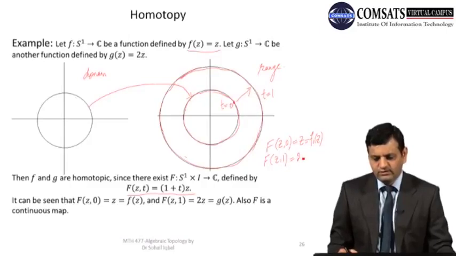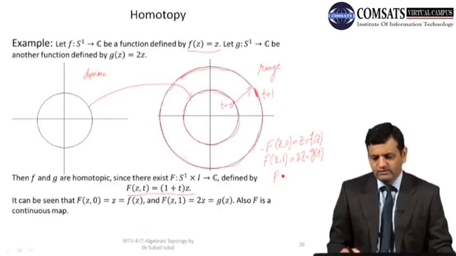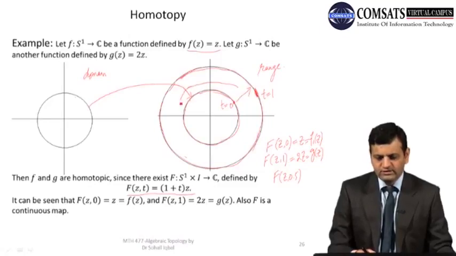This becomes 2z, which is equal to g of z, the outer circle. So at time t equal to 1, we have this outer circle. Of course for any intermediate value of t, for example (z, 0.5), we will have some intermediate circle.